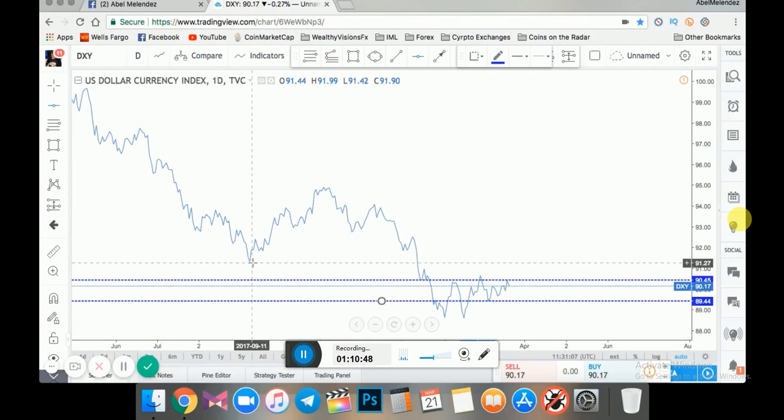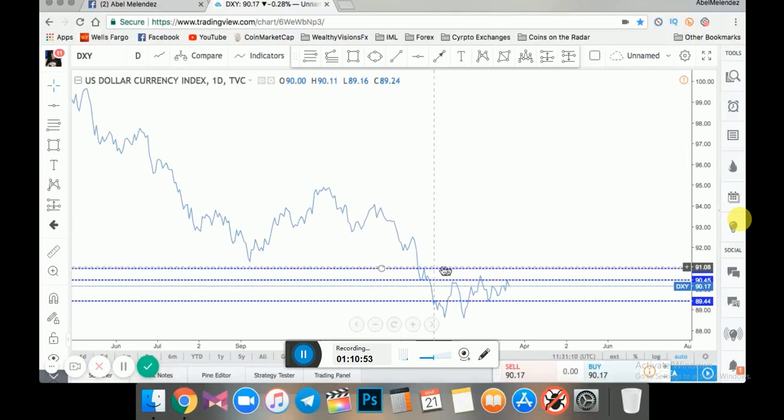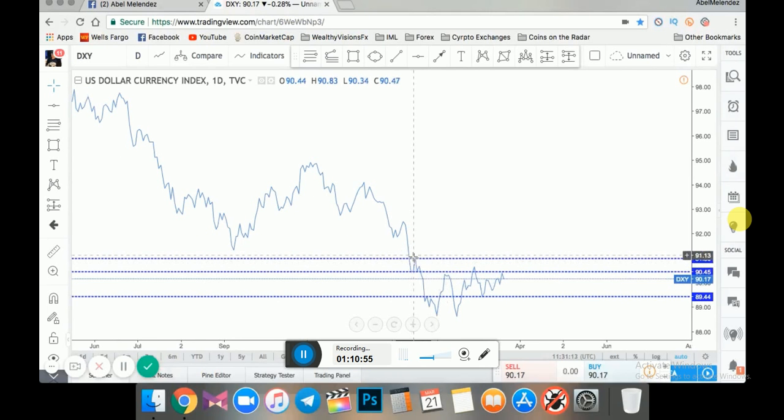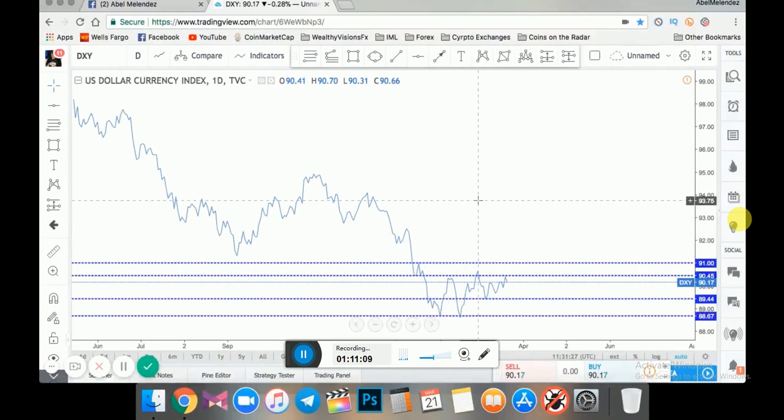Don't be scared to mark these off, but make sure they're the strong levels where price came and just stopped. Price doesn't just go and stop at a certain point for no reason. There's a reason why it stopped there. It's just a matter of keeping that in your mind when you're going through charts, so you can be aware of it.